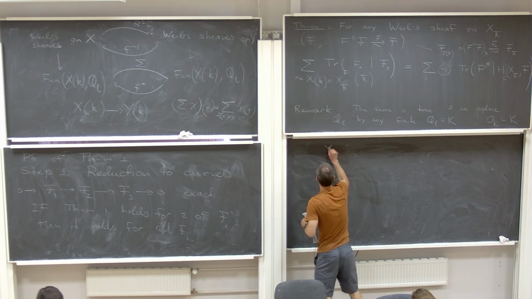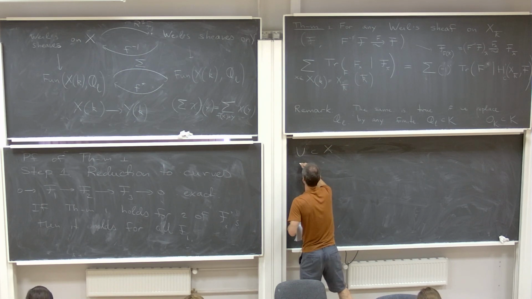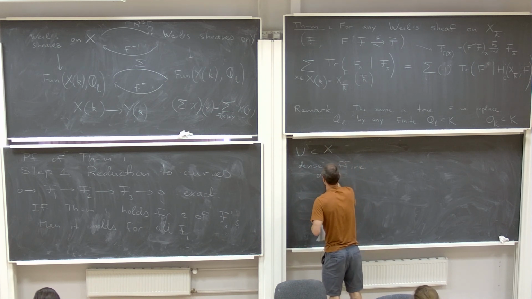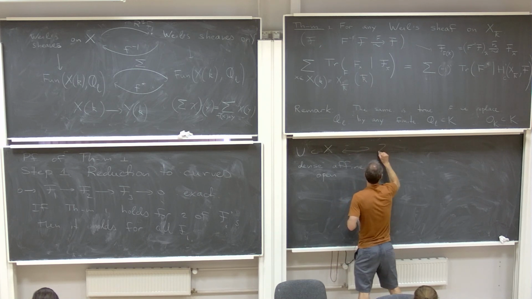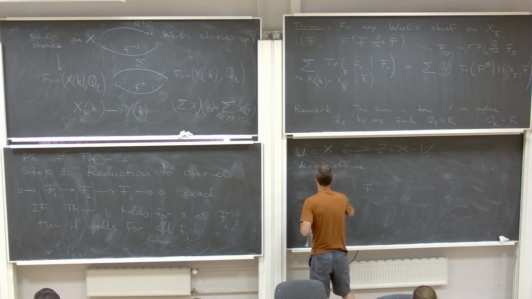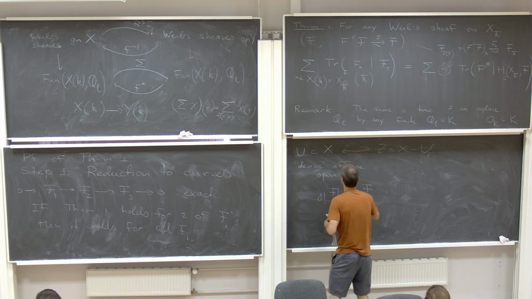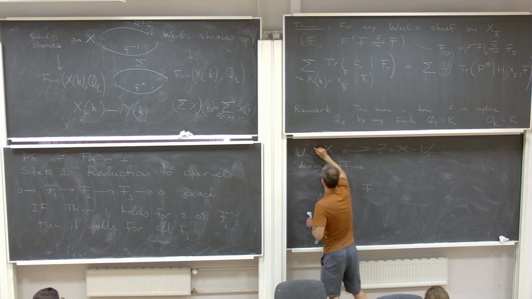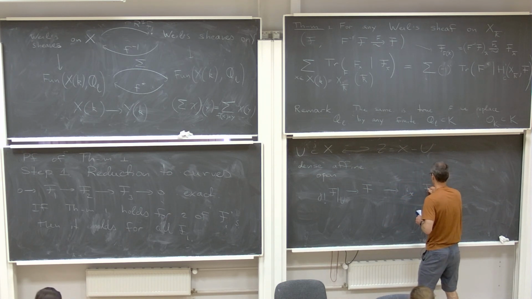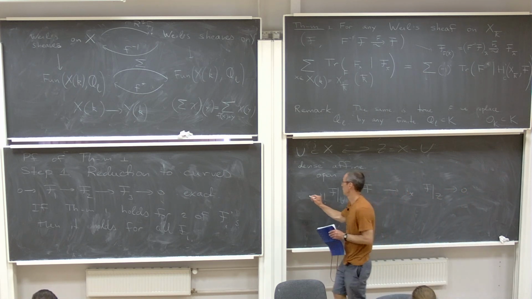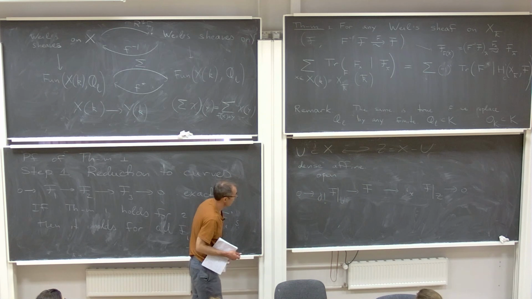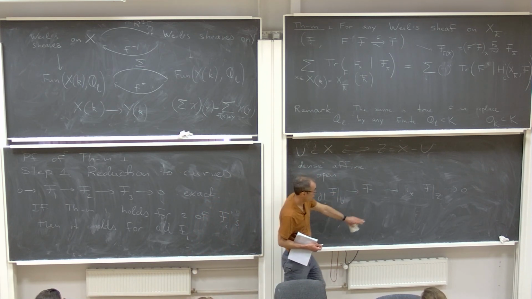So, now, take any X and take a dense affine open subset U. So here I have the complement Z, which is X minus U, and for any F, I have a short exact sequence: j_! of F restricted to U maps here, and this maps to i_* of F restricted to Z. So if I know the statement here and here, I know the statement for F. So this Z has smaller dimension.